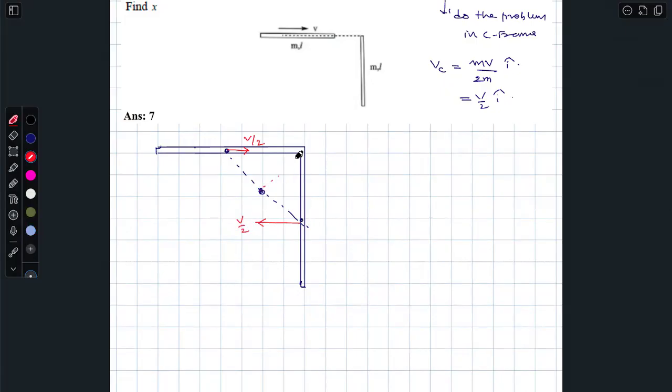First of all, what is the moment of inertia of this rod about this point? Remember, this is L by 2. So what does this become? L by 2 root 2. Moment of inertia about common center of mass is 2 times. I know the moment of inertia of this system about this point. What is that? 2 times ml square by 3.